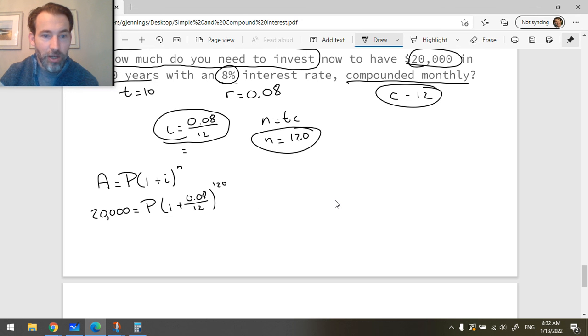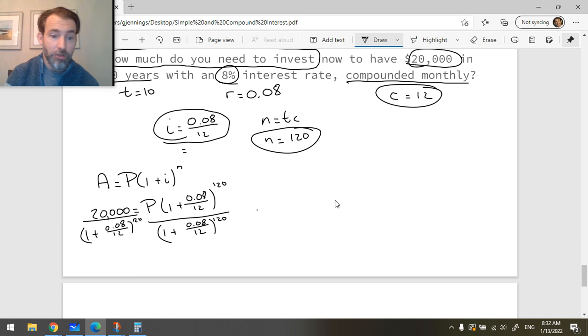Okay, so now let's punch this on the calculator, and we're going to divide by 1 plus 0.08 over 12 to the 120, and we're going to divide both sides by that. Notice that this will cancel this, and we'll be left with P on that side, and P is equal to this. So this is what I can punch on the calculator to find it directly.